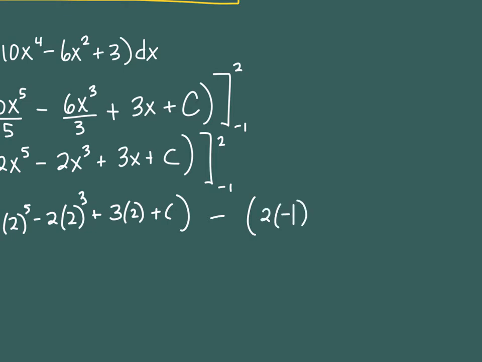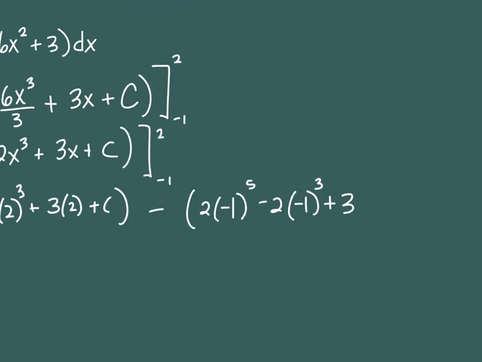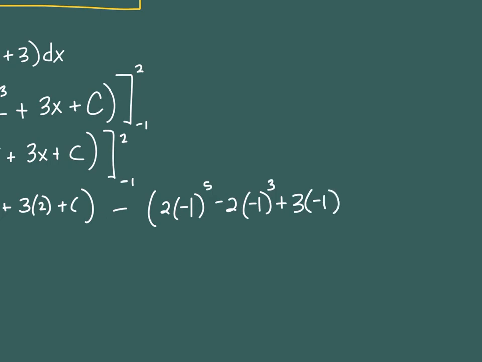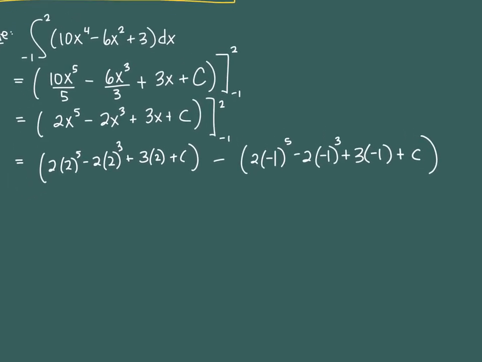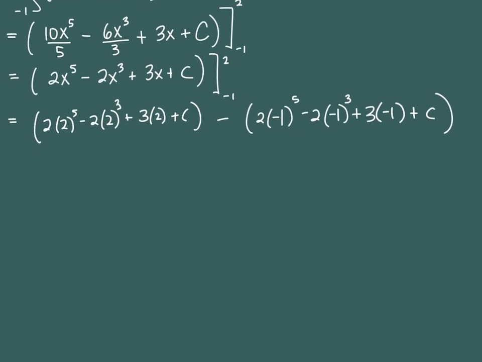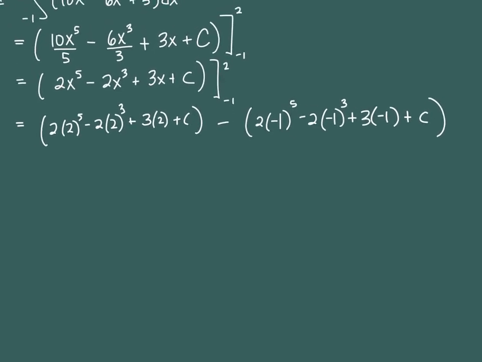So 2 times -1 to the 5th minus 2 times -1 to the 3rd plus 3 times -1 plus c again. And then we'll come up with a numerical value, and that numerical value will represent the area that was underneath that curve.